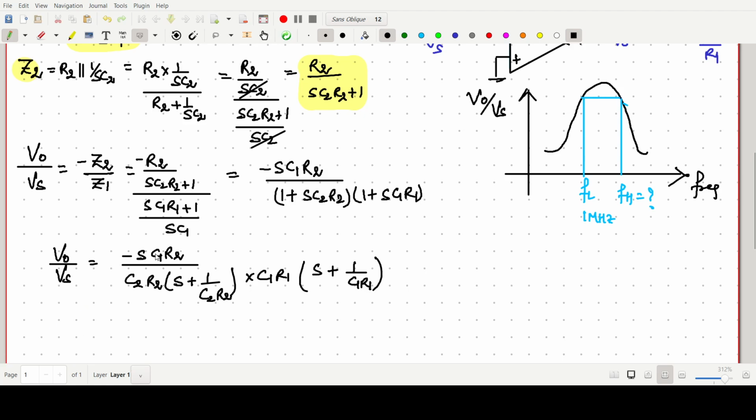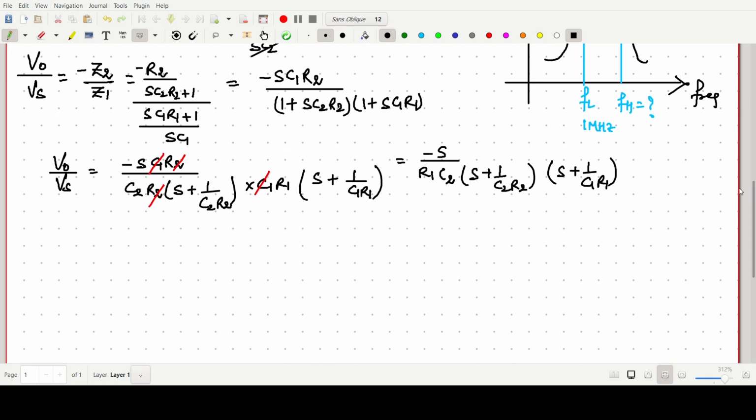Now from here we can see, this c1 will be cancelled out, r2 will be cancelled out. So the value of this v naught by vs can be written as minus s times of r1 c2, into s plus 1 by c2 r2, s plus 1 by c1 r1.